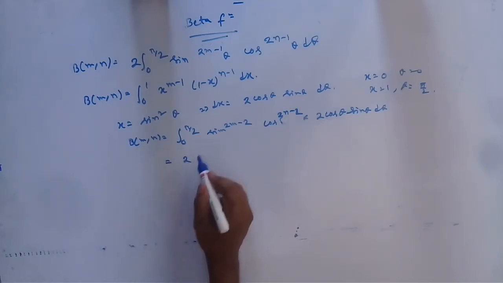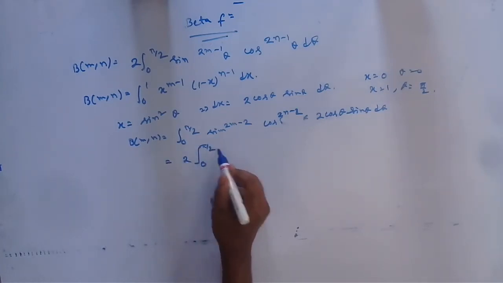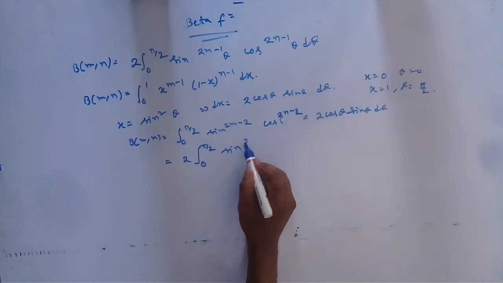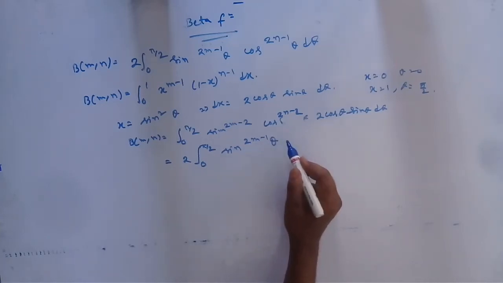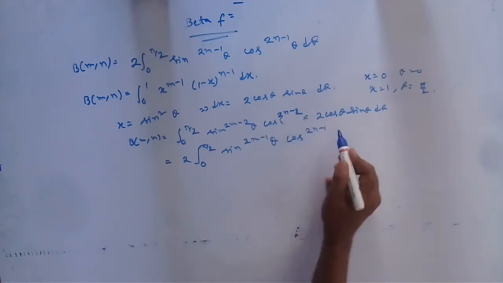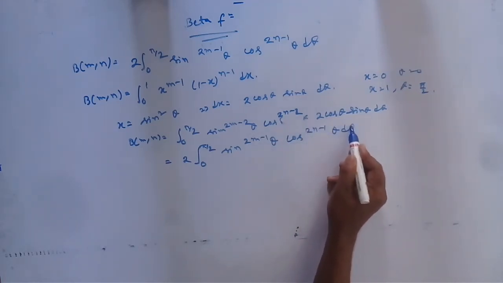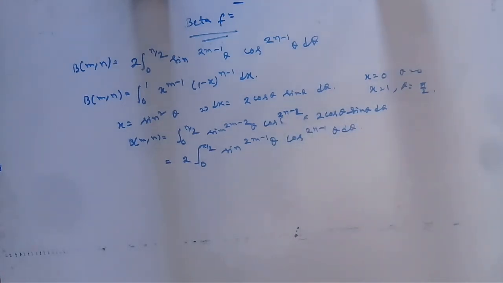So it will be 2 into integration 0 to pi by 2 sine to the power 2m minus 1 theta cos to the power 2n minus 1 theta d theta. Okay.